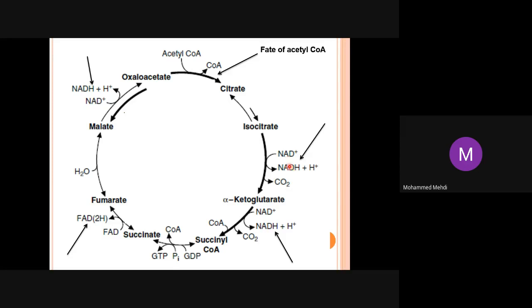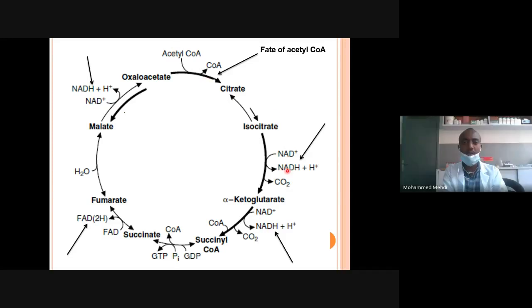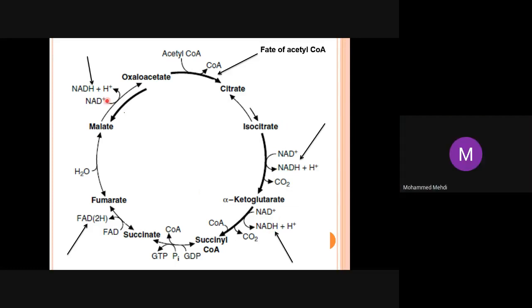Coenzymes are formed here. Per one acetyl-CoA, there will be 3 NADH formed, plus 1 GTP by substrate level phosphorylation, and 1 FADH2 per 1 acetyl-CoA. This is the number of coenzymes and substrate level phosphorylation.